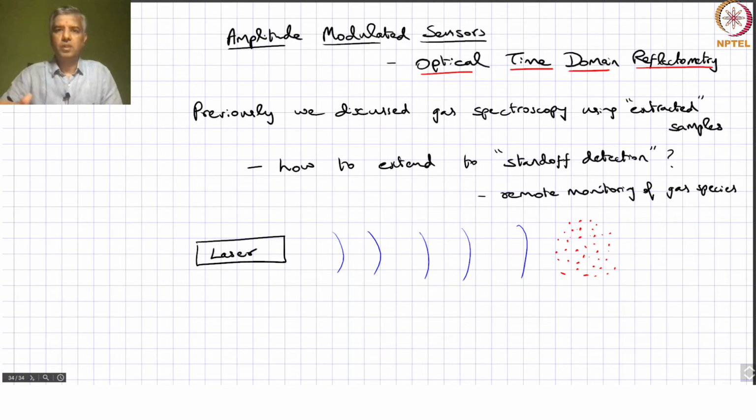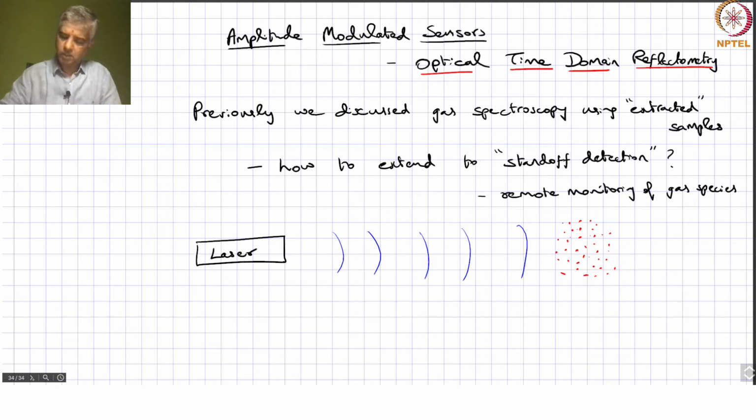If there are such density fluctuations, then all along the propagation you will have certain backscattering happening. So when a certain part of the light encounters it, the scattering is going to happen in all directions.